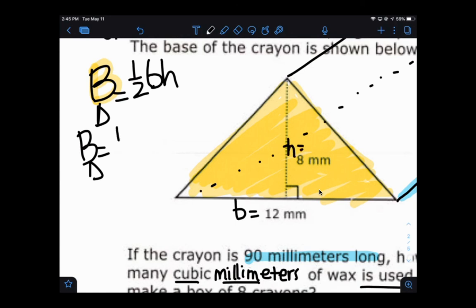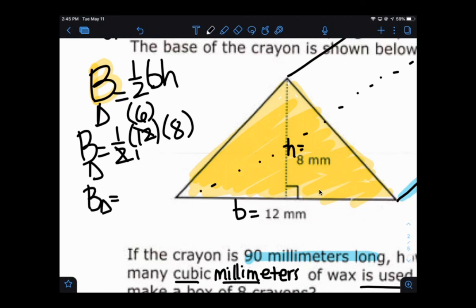So we go 1/2 of 12 times 8. And we can cut one of those two numbers in half. I'm going to cut 12. Half of 12 is 6, half of 2 is 1. So 6 times 8. We have that the area of this triangle is 48 square millimeters, right?